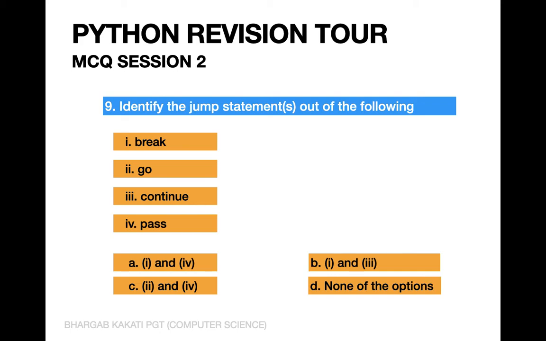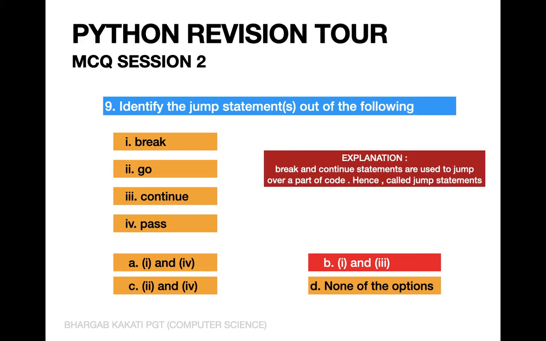And if you have studied the chapter on flow of control properly in class 11, you will know that break and continue are jump statements. I'm not going to the explanation part of that thing. If you want, you can check out my videos on break and continue statements. So the correct option is option B, 1 and 3.